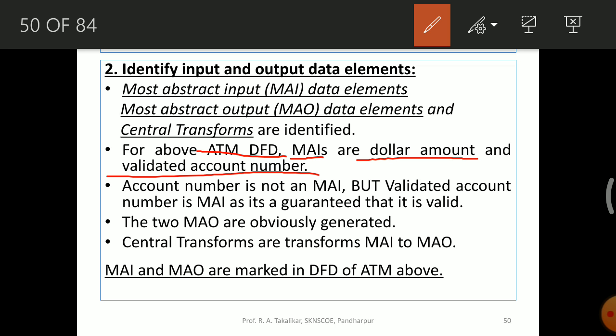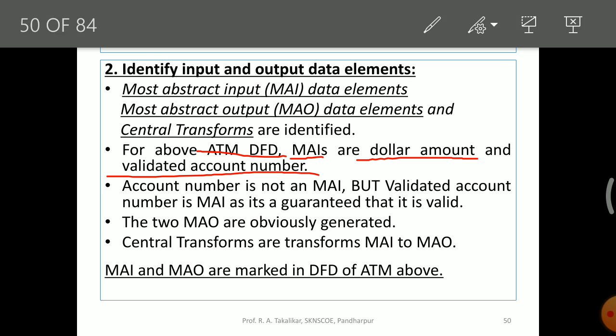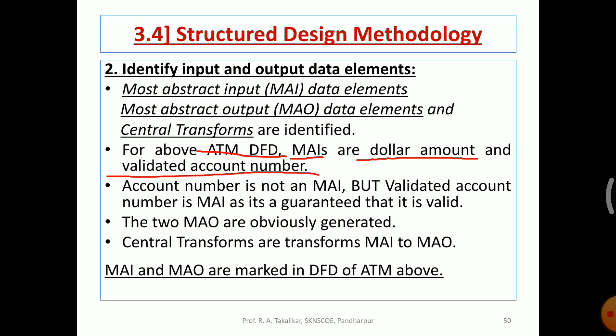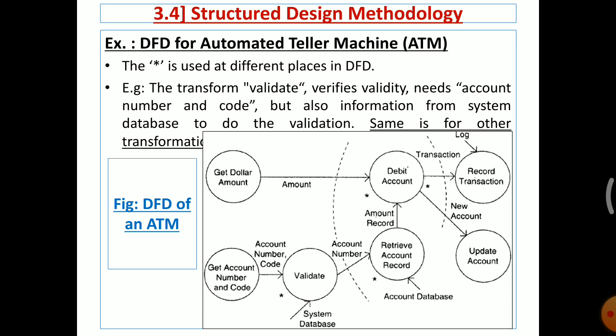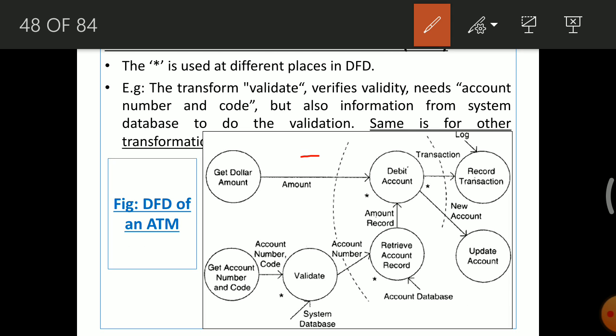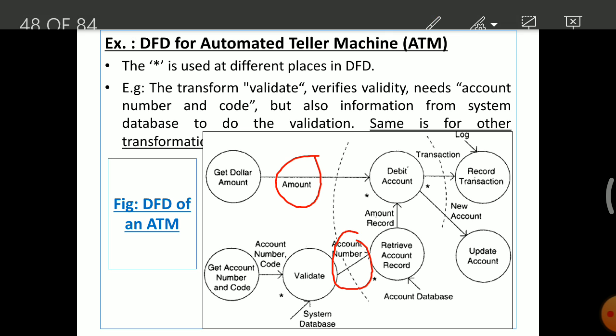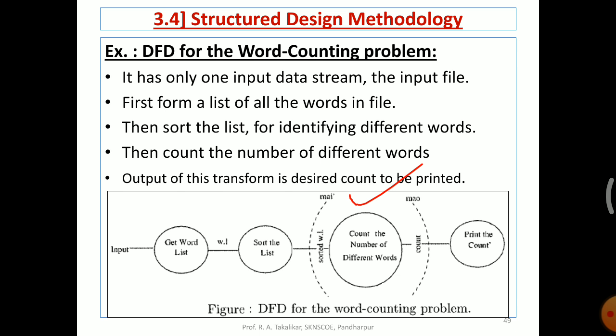Let us go back and see. For ATM, the MAI is the dollar amount and validated account number. Here you can see the dollar amount and validated account number. These two are the MAIs of the ATM DFD.